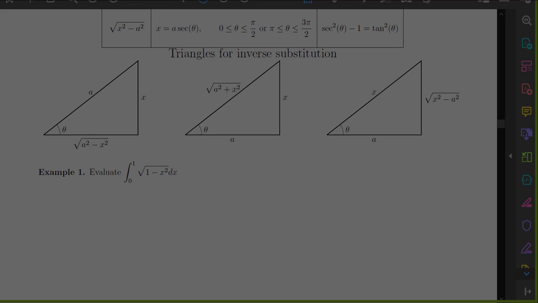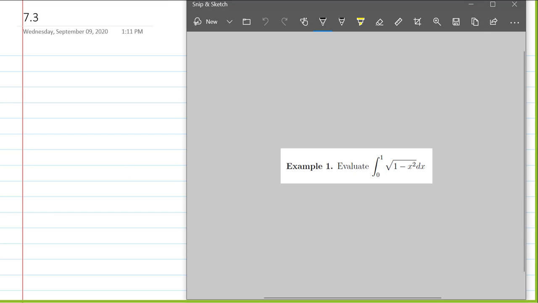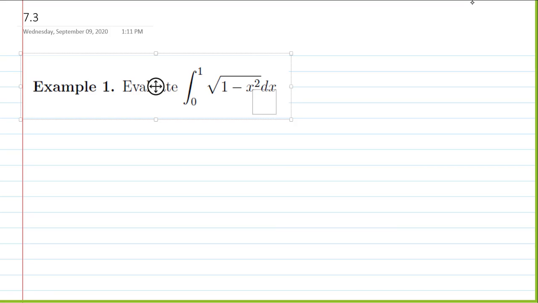All right, so let's take a look at example number 1. We wish to evaluate the following integral: the integral from 0 to 1 of the square root of 1 minus x squared dx.